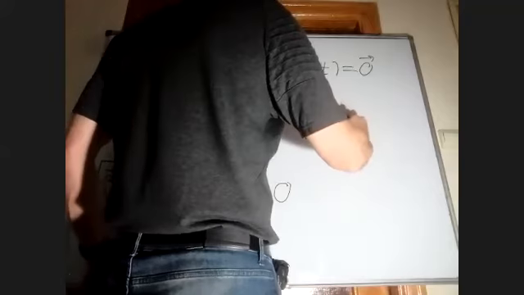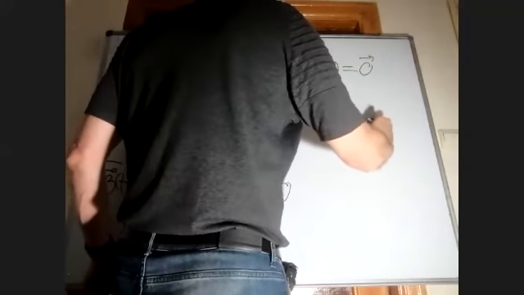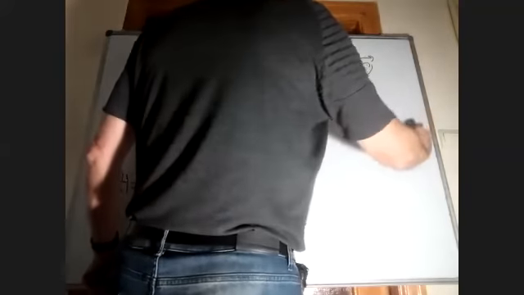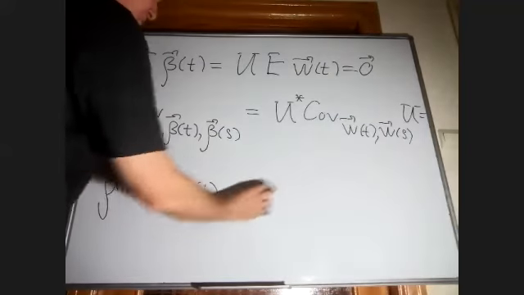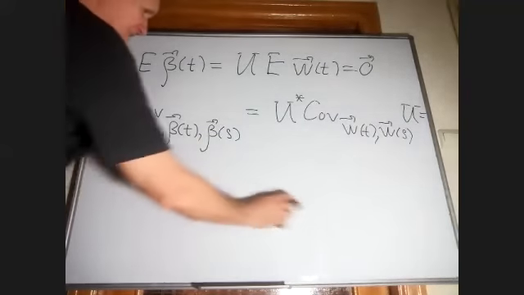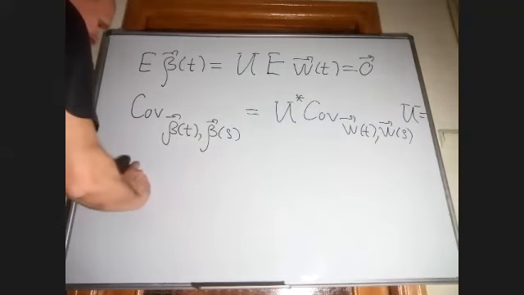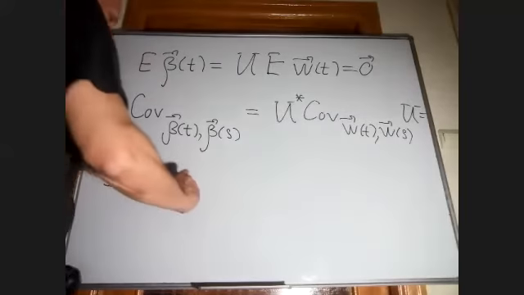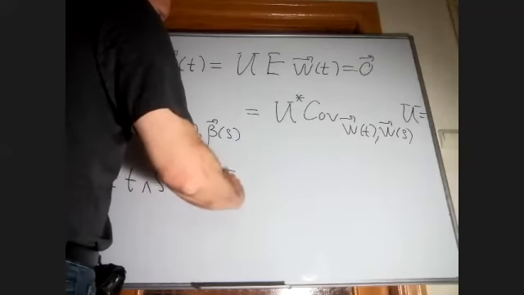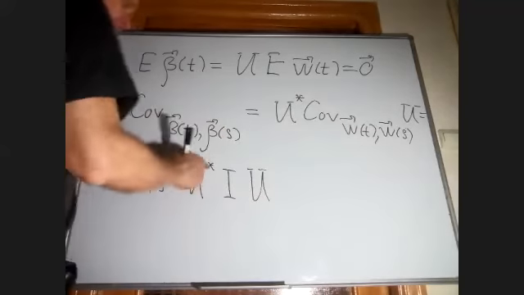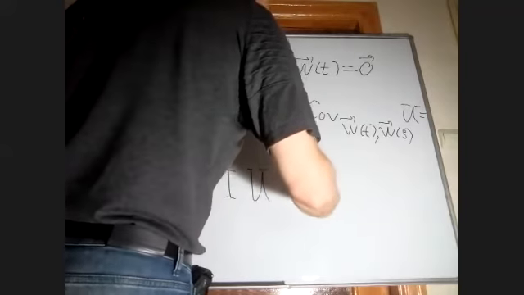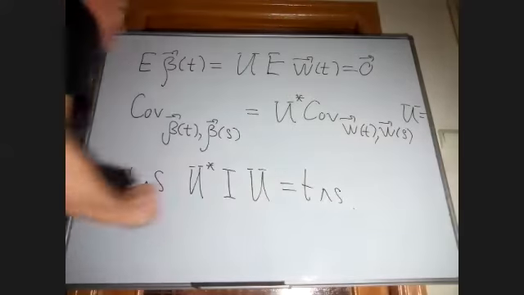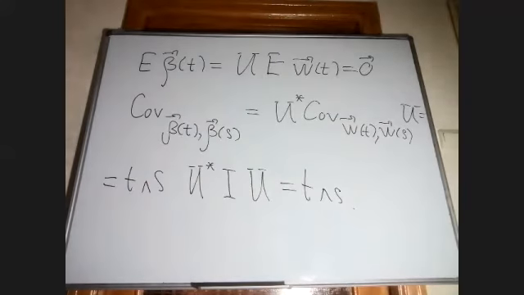Here is the covariance of W_t and W_s, and here is U, which is equal to, you remember that W is a Brownian motion, so it is equal to t minimum s multiplied by U star, the identity matrix, and U. And you remember that U star is U minus 1, so it looks like t minimum s because U is an orthogonal matrix. So we understand that beta is a new Brownian motion.